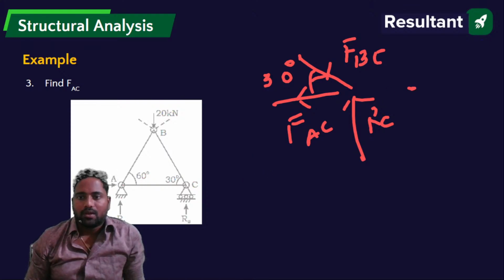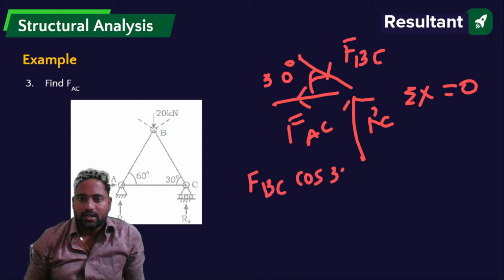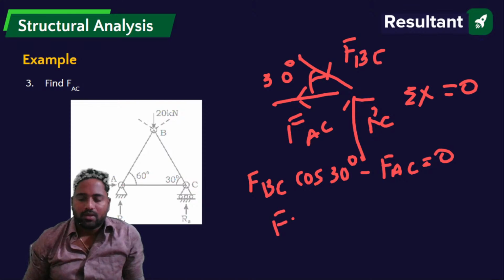So I'll take summation of forces in x direction equals to 0. FBC cos 30 will be like this, and FAC is like this. So FBC cos 30 minus FAC equals to 0. So FAC would be equals to FBC cos 30.